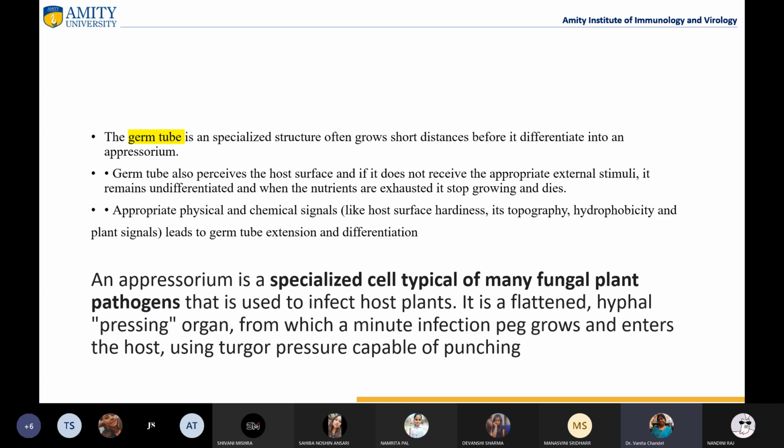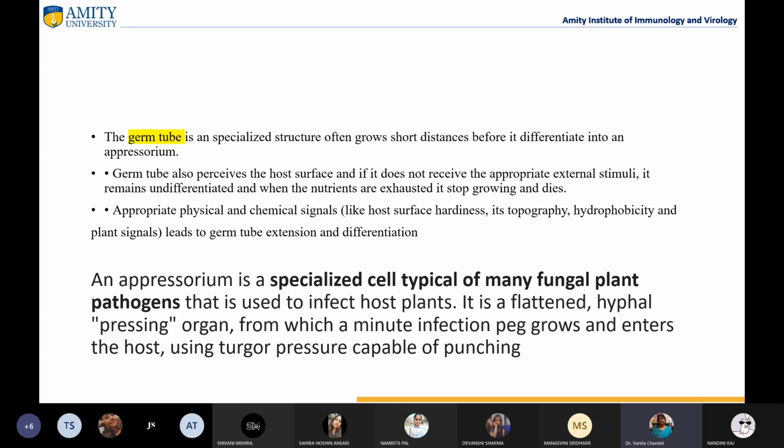So if it is not perceived by the host properly, it will ultimately die. So appropriate physical and chemical signals such as host surface hardness, topography or hydrophobicity and plant signals lead to germ tube extension and differentiation, right? So it requires a certain kind of perception by the host for its growth.